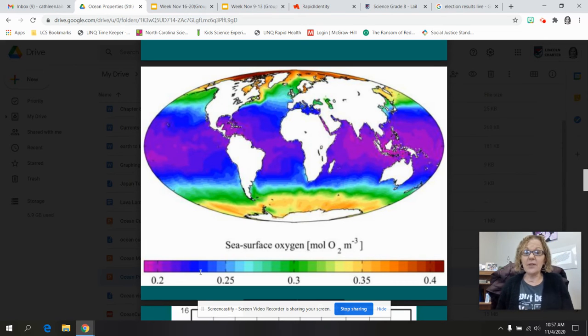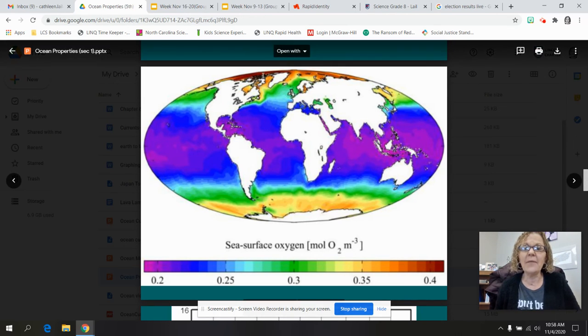The darker colors like the yellows and the orange and the dark red mean that the water holds more dissolved oxygen. So it makes sense that around the equator, which is right here down the middle, we're going to have the blues and the purples because that's warmer water. So that's holding less dissolved oxygen than up here at the poles, which is the darker red.